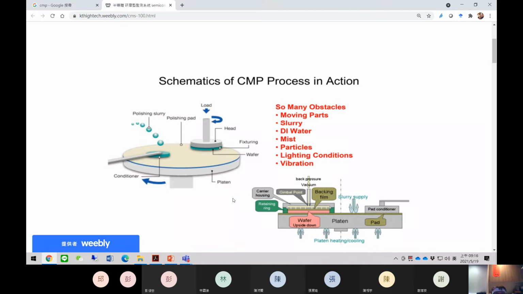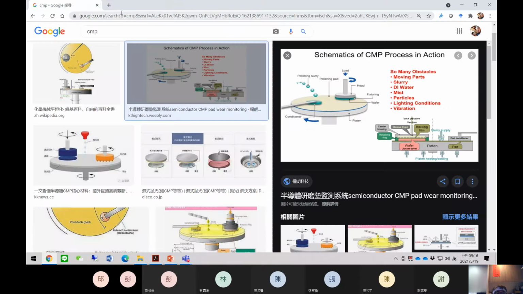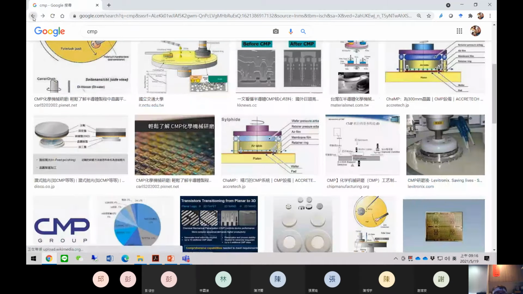So this is the basic schematic profile of the CMP process in action. You can type in CMP to get some detail.